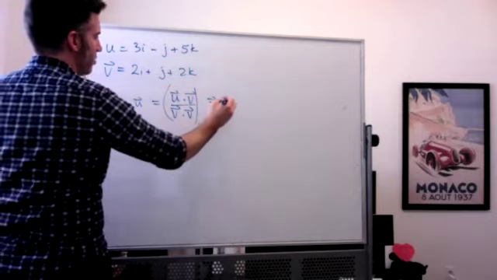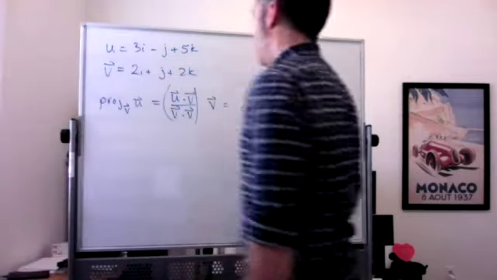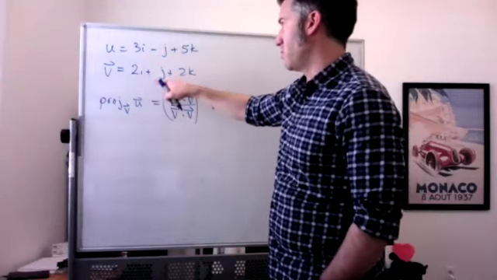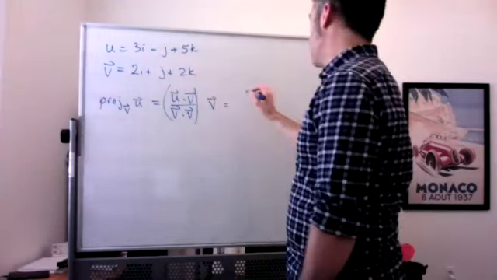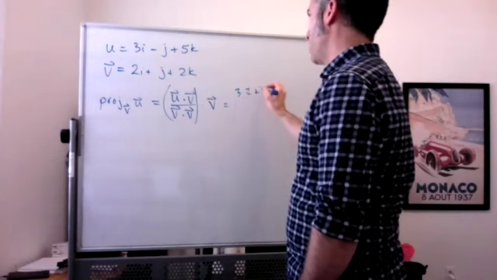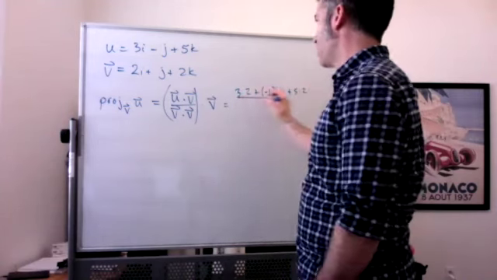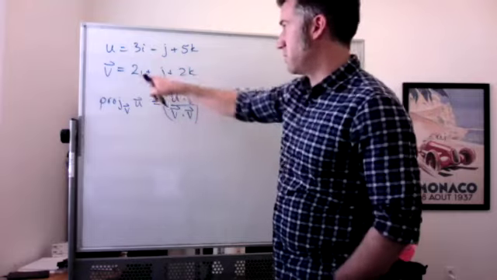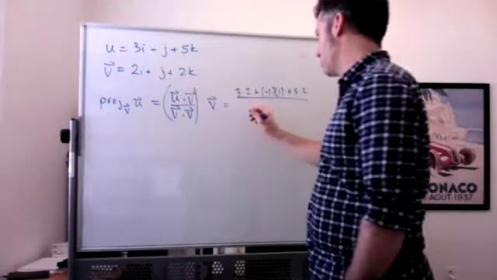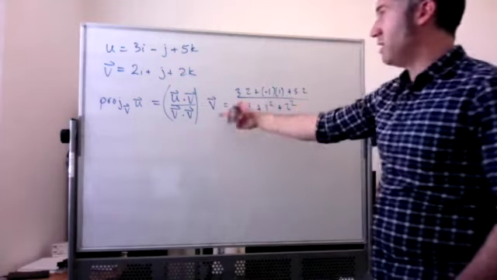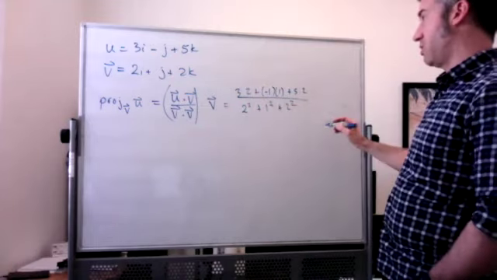Okay, that's not too terrible to calculate. u dot v is 3 times 2 plus negative 1 times 1 plus 5 times 2. v dot v is going to be 2 squared plus 1 squared plus 2 squared, and v is the vector 2i plus j plus 2k.